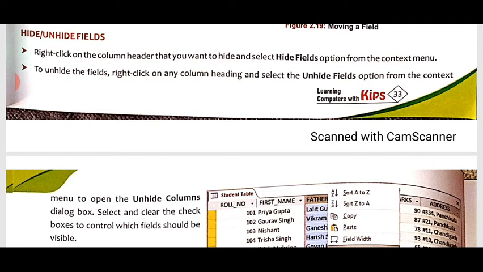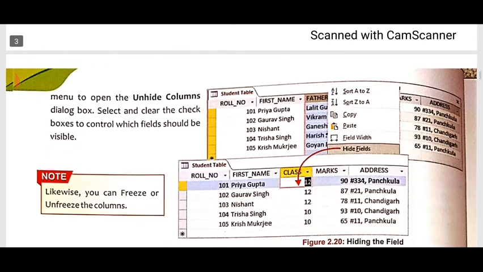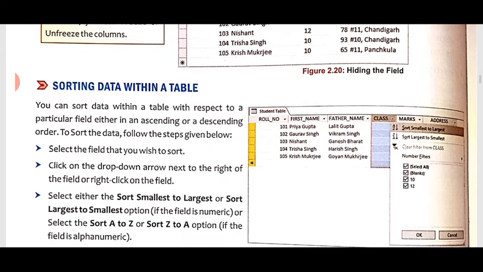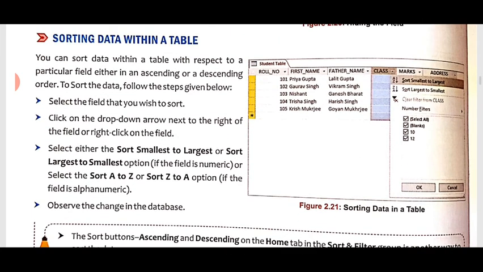Okay, simple. Next one is sorting data within a field. Sorting means the arrangement of data in ascending or descending order. We can sort any particular field by the context menu and by other ways also.